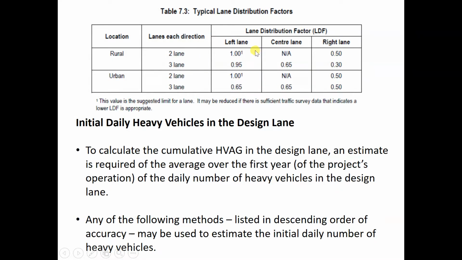So for two lanes, this one is 1, and then this one 0.5, so 0.6. Okay, so these are the values from this typical lane distribution factor table.